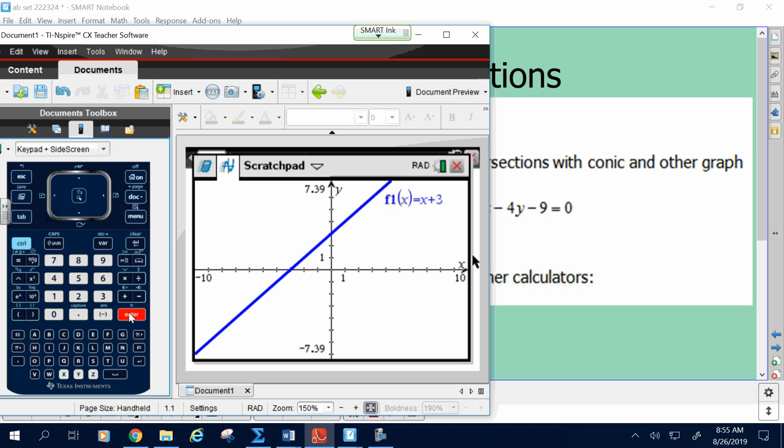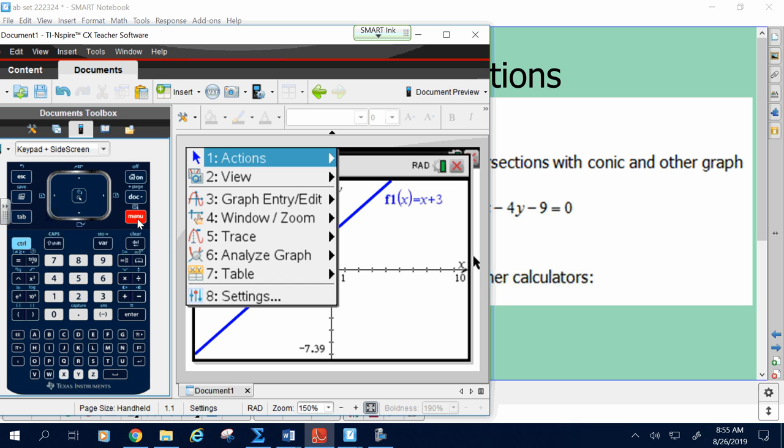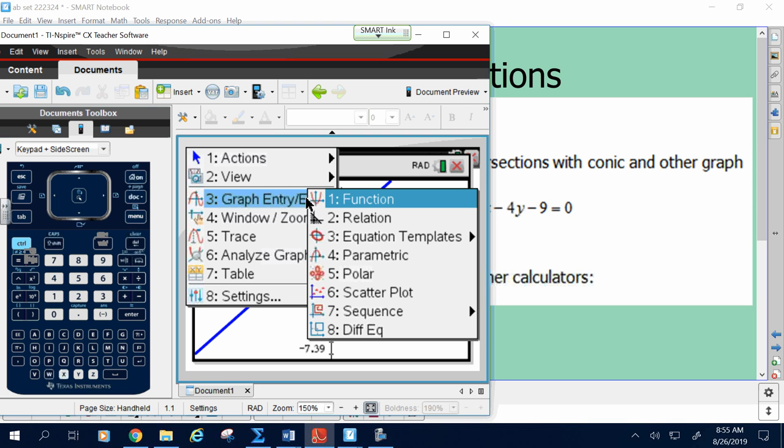Are you with me? Now, for graphing the conic, you're going to need to do things a little differently. That is not a function. It is two functions. Now, we could do it two ways. We could actually solve for y and make it a function, which we're going to do in a minute. But your calculator, if your Inspire is updated, also can graph it the way it is.